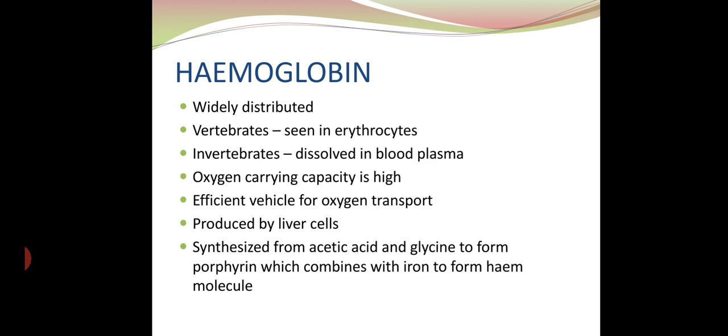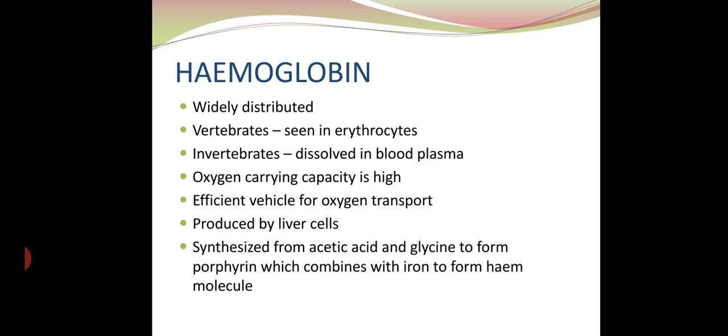The major respiratory pigment is hemoglobin. It's the most common type of blood pigment in vertebrates. It is widely distributed and is present in the stroma of vertebrate erythrocytes or RBCs.